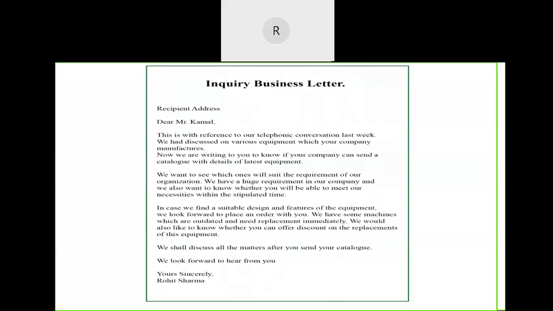In the next session, we will go in detail about these sample letters, how we have to draft the inquiry letter, what the formal language is, and that there should not be any grammatical mistakes. I will explain in detail the structure, the format of this sample inquiry letter.